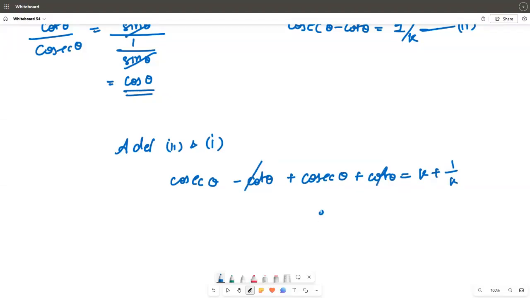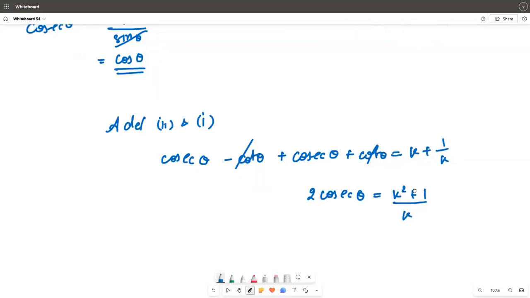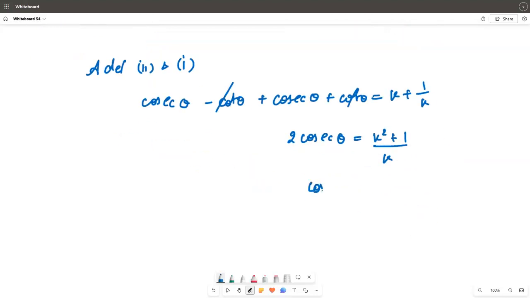The cot thetas will get cancelled. We have 2 into cosec theta is equal to k square plus 1 by k, and cosec theta is equal to k square plus 1 by 2k. I brought that 2 to the right hand side. Let's consider this as the third equation.